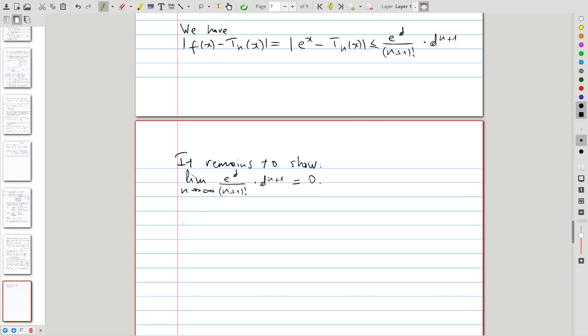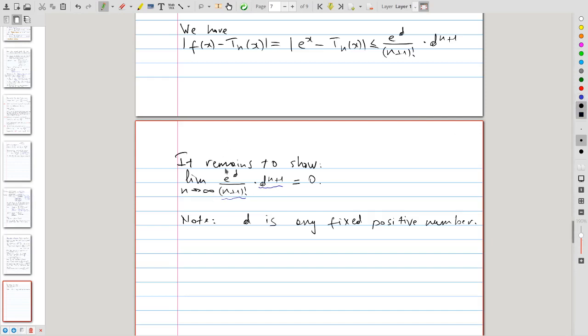So note d is any fixed positive number. So how do we show this? Well, in this product, only the d to the power n plus 1 and the n plus 1 factorial depend on n.